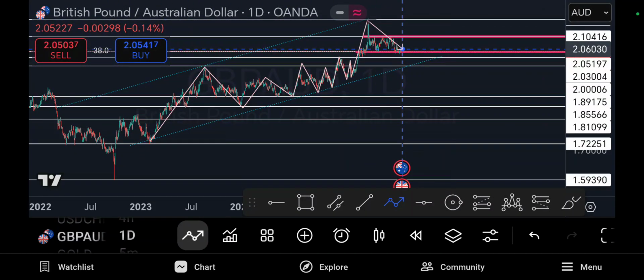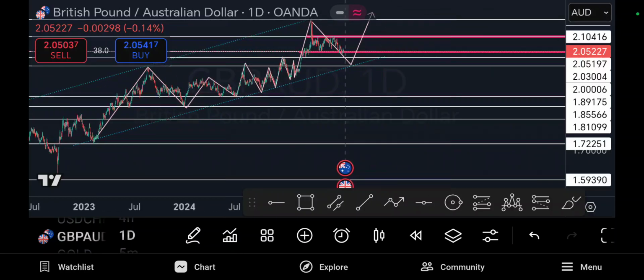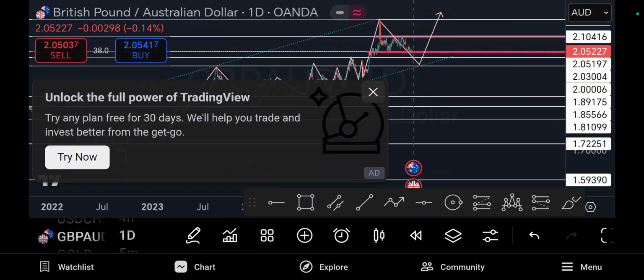Cool. And then we can expect the market to come here before we can expect our buys. As simple as that.